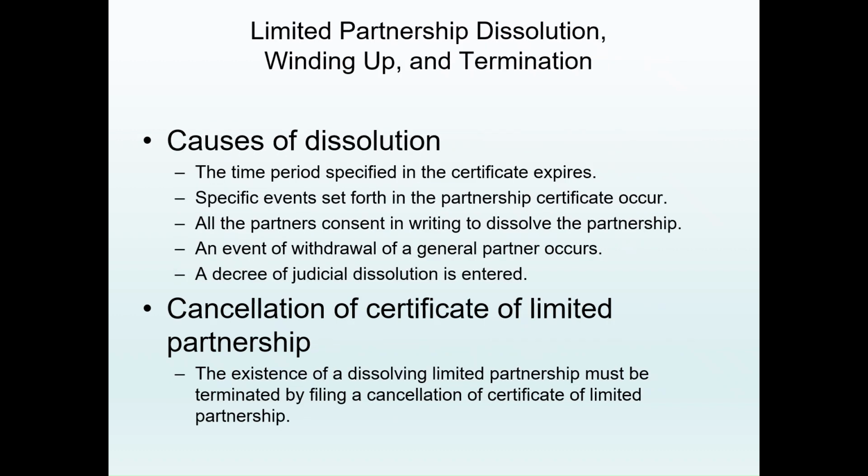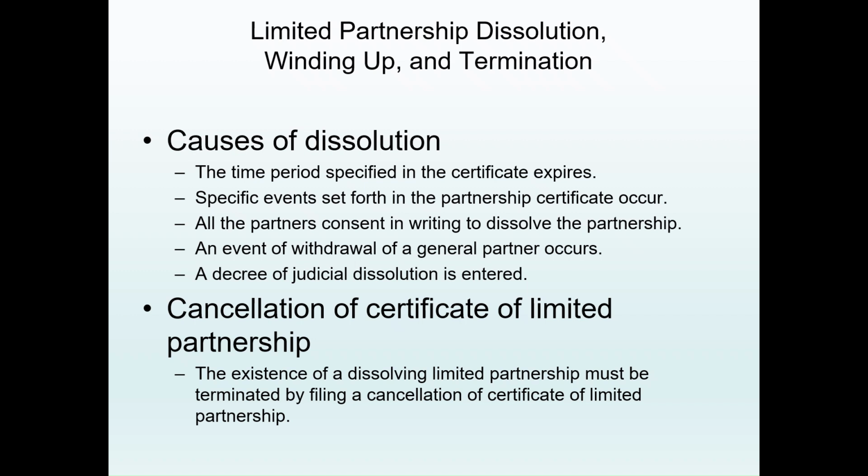All right, limited partnership dissociation, dissolution, and winding up. The RULPA provides that the limited partnership is dissolved and its affairs must be wound up when one of the following events occurs: the time period specified in the certificate has expired; specific events that are in the partnership certificate occur; all the partners consent in writing; an event of withdrawal of a general partner occurs; and a decree of judicial dissolution is entered.